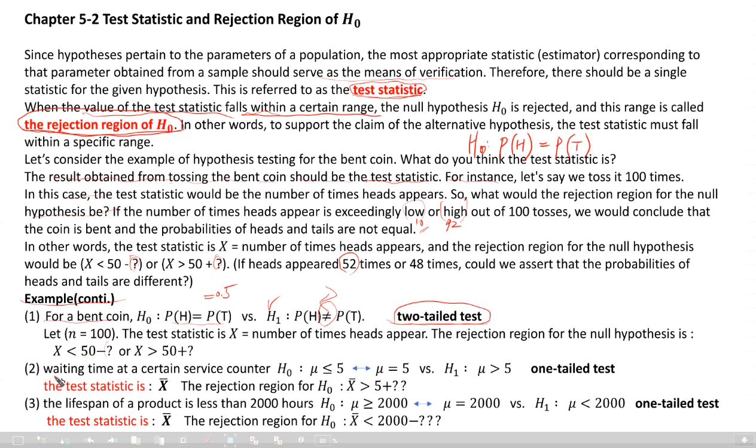Second example: waiting time at a certain service counter. H1 is what? Mu greater than 5 minutes. We previously knew the average waiting time at the window is 5, but now that waiting time may be longer than 5.